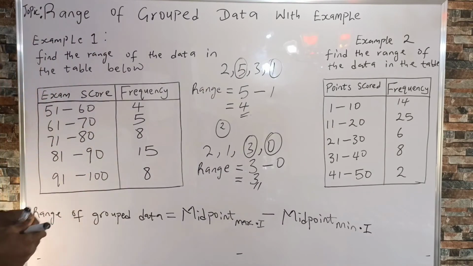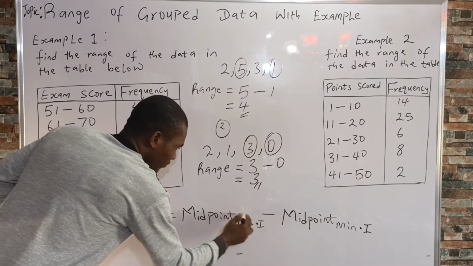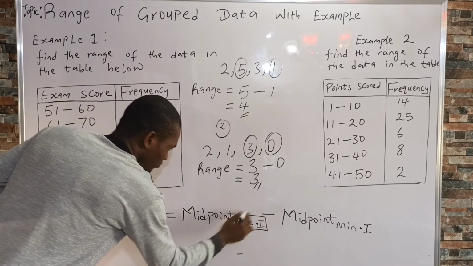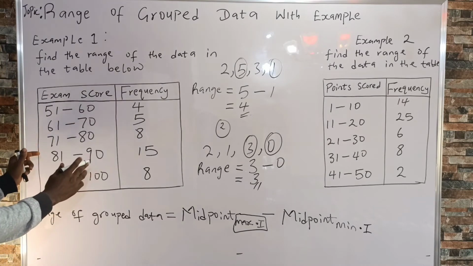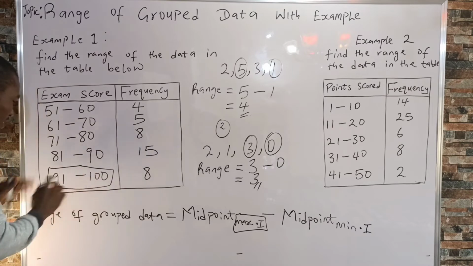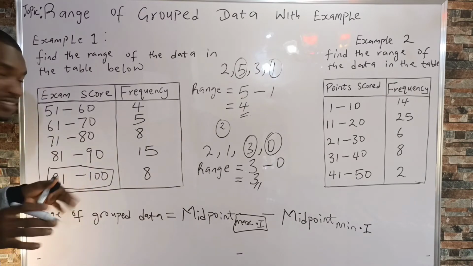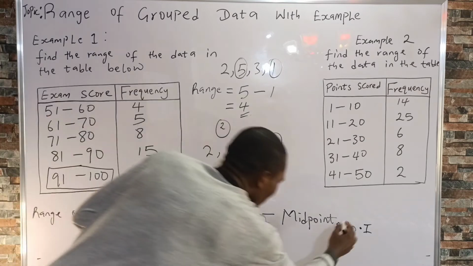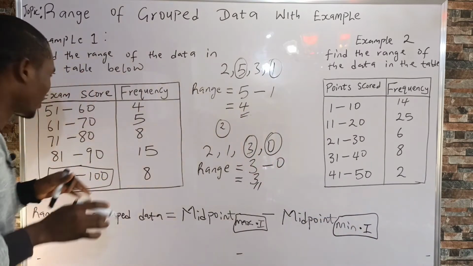First thing first, we must determine what our maximum interval is. What is our maximum interval? Coming to this table, this is our maximum interval because that is the highest or the biggest interval we have, right? Then what is our minimum interval? Minimum interval, that is very simple as well.